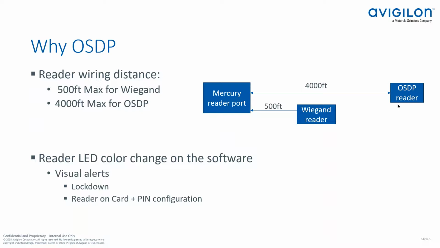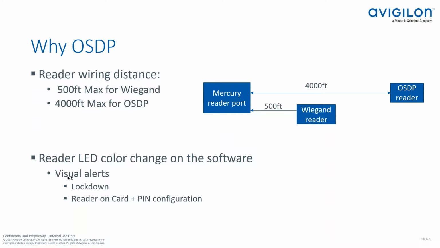I think I mentioned this a little bit before, but another advantage with OSDP is that I can now control the reader color from the software, from the access control, not just so wiring. Today, if you do Wiegand, you basically have two color options. You either do red and green, or maybe green and yellow, or red and yellow, depending on the reader and how you wire that Wiegand, right?